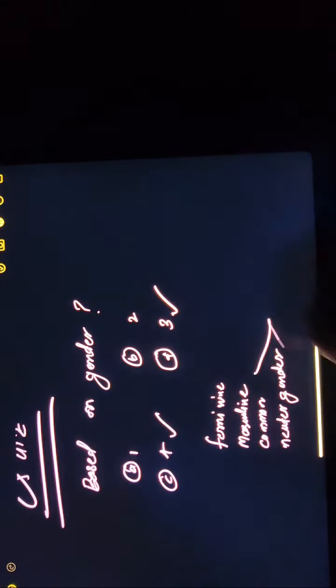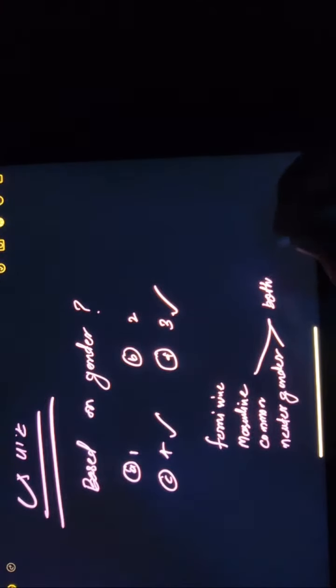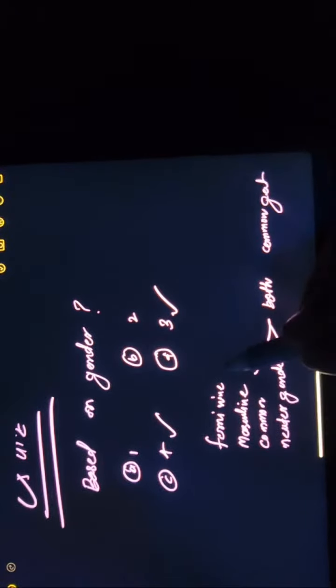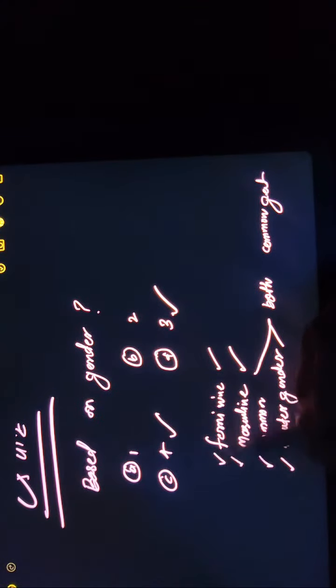But somewhere they combine both. In some English standards, they combine the both, and they represent both as common gender. But masculine, feminine, common, and neuter, these four are usually defined in general, but both are correct, 3 and 4. All right, moving on.